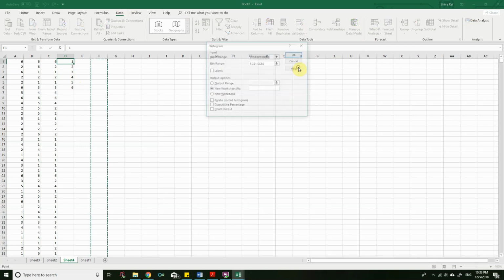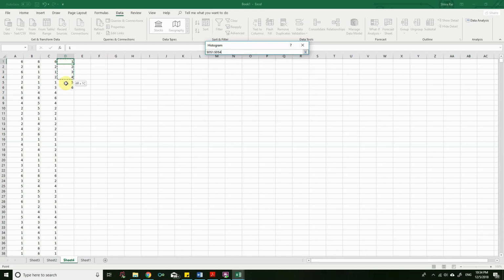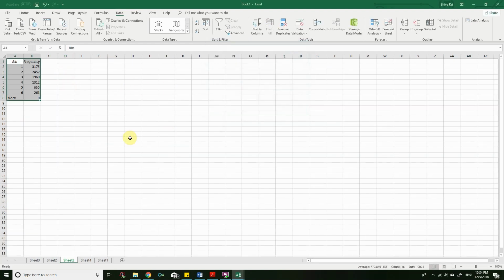Let us make the frequency table, and the input range is C, that records the minimum, C1 up to C10,000, and bin range is D1 up to D6. Right, click on OK. Now this is for dice, and worksheet 3 was for coins.